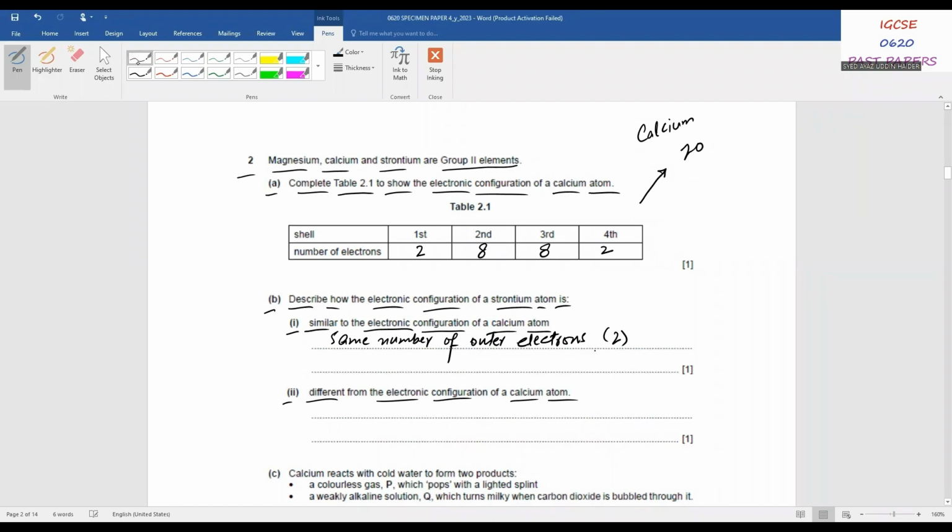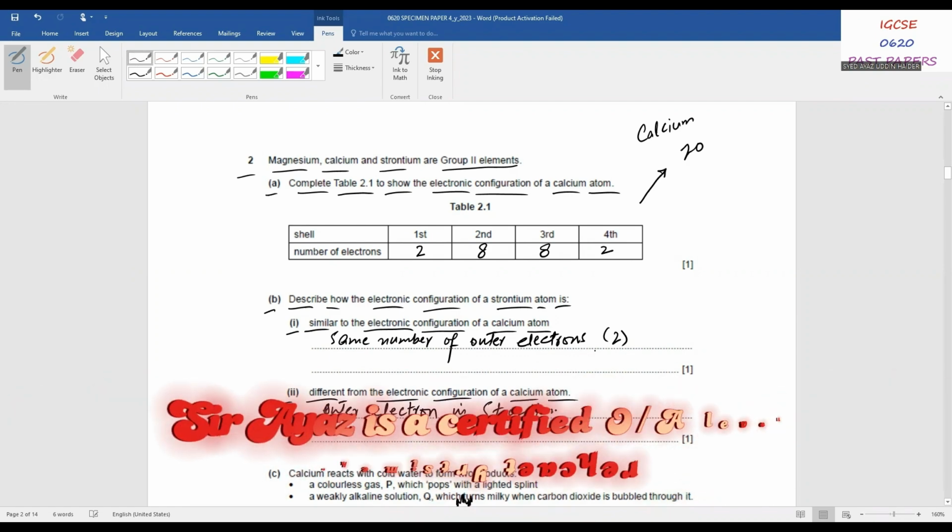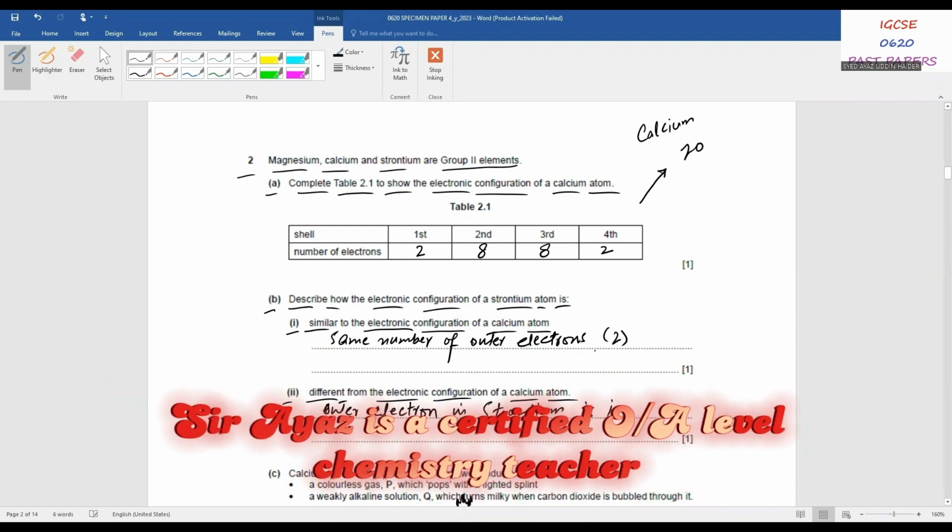So it's actually in the 5th period. So you write strontium outer electron is in the 5th shell.